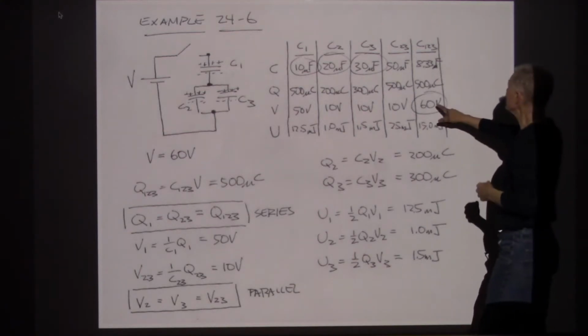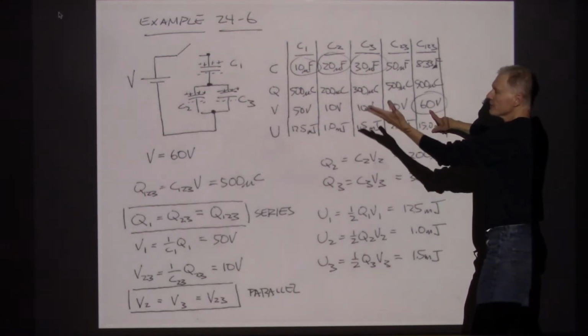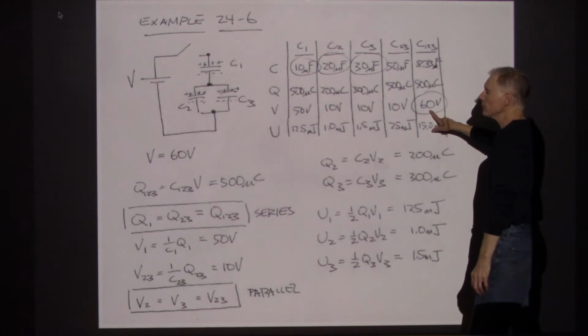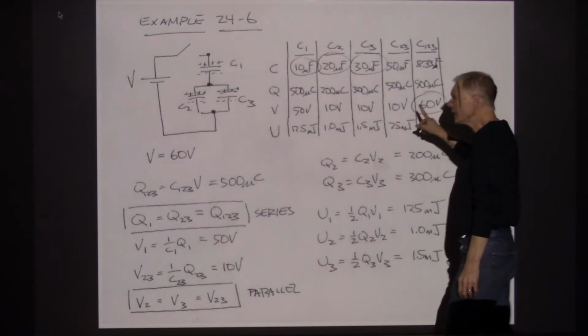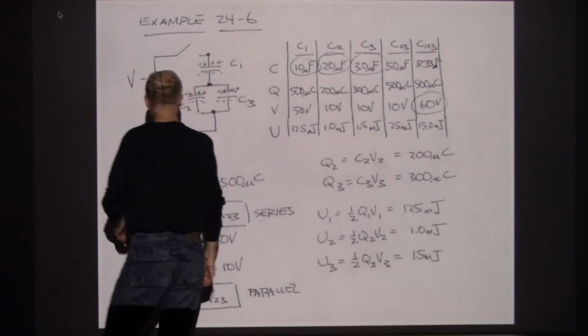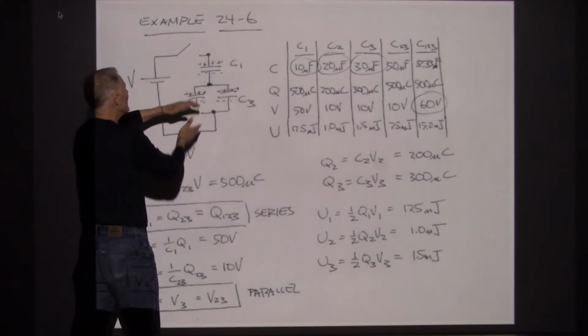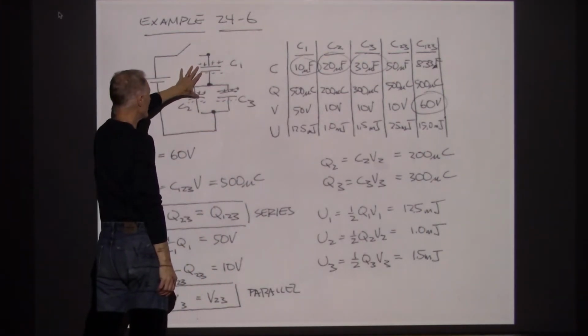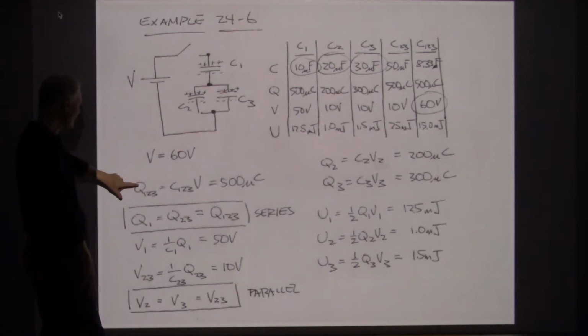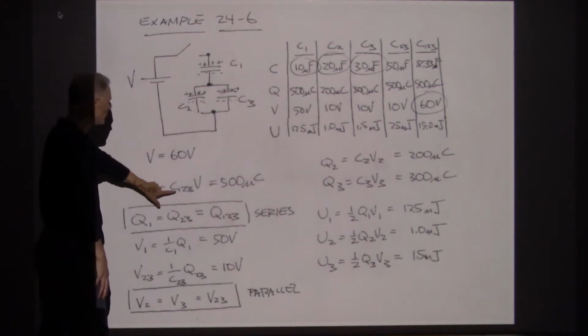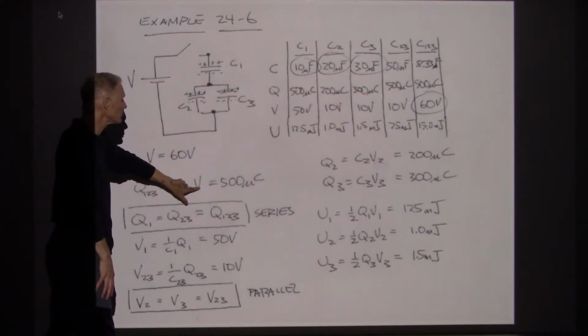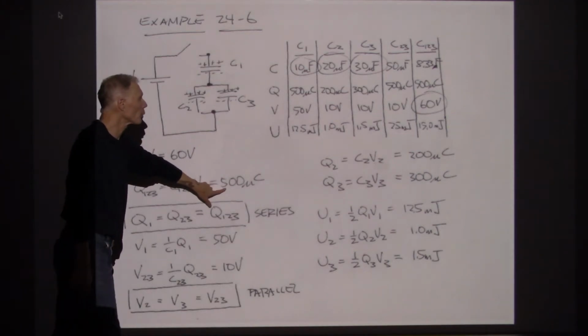So anyway, let's say I have a 60 volt battery. And what I can do then is I can say, if I combine this all into capacitor 1, 2, 3, then the charge on that capacitor should be C123 times the voltage. That would be 500 microcoulombs.